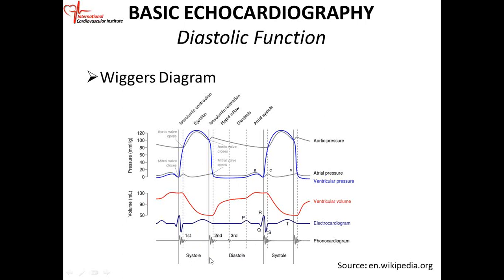But as the heart rate picks up and gets a little bit faster, the diastolic component gets shorter and shorter. Patients who have diastolic dysfunction or mitral stenosis tolerate tachycardia poorly, because in diastolic dysfunction, diastole is already compromised, and if you increase the heart rate, you're going to compromise the period that the heart is being filled again.